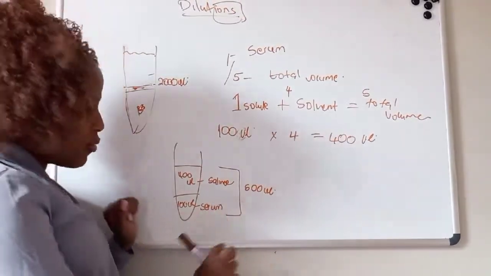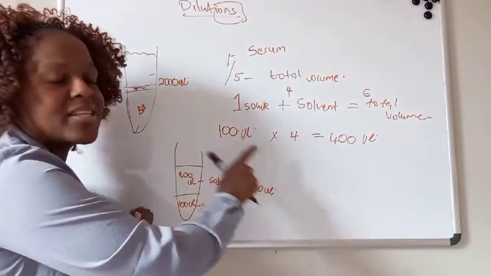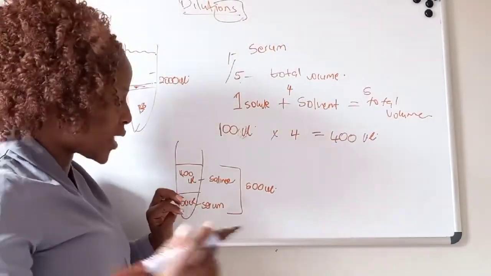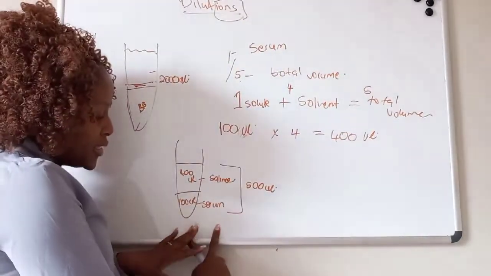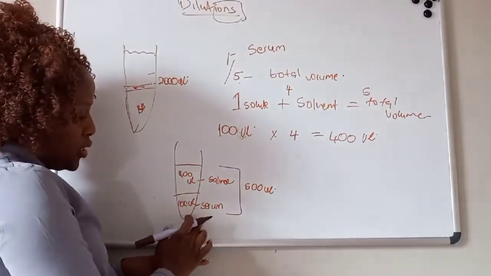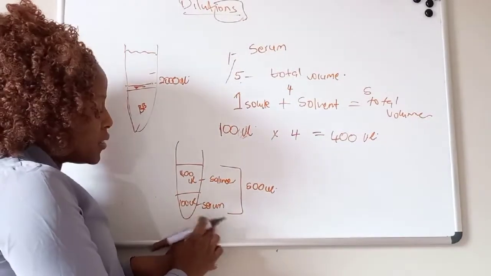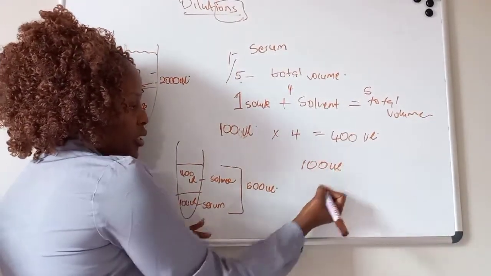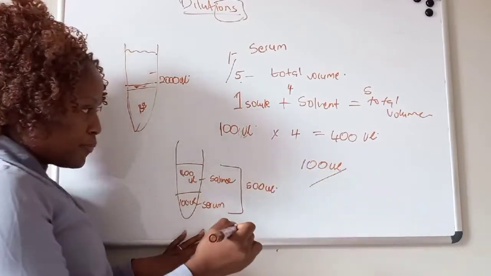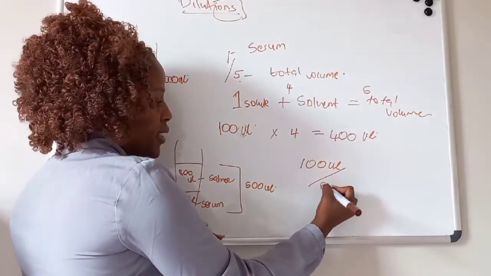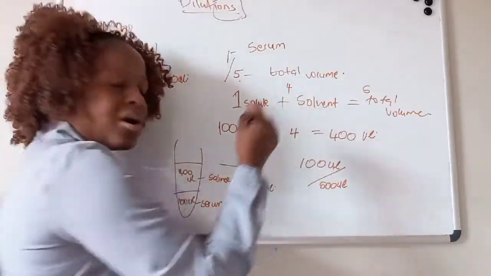So now let's write this as a dilution statement so that we can see if we'll get our 1 in 5 at the end. When we write this as a dilution statement, we know that the top part has to be our solute. In this case, our solute is 100 microliters, which is over the total, which we said is 500 microliters.